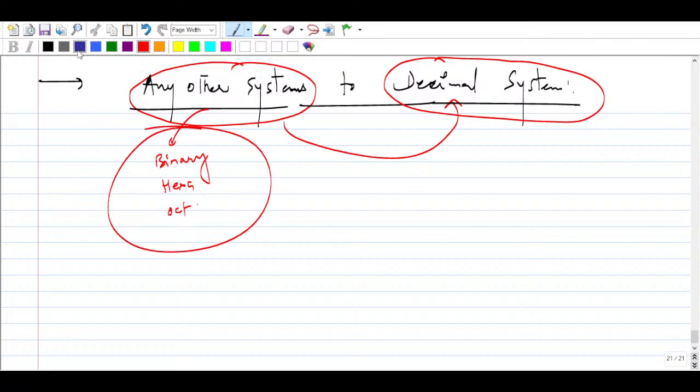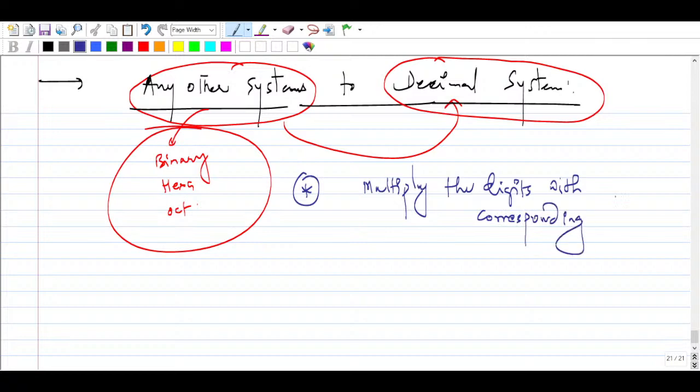So what is the trick here? You have to remember this trick. Multiply the digits with the corresponding weight, and sum them all up.